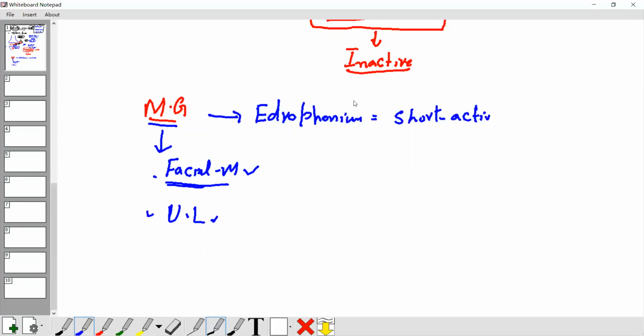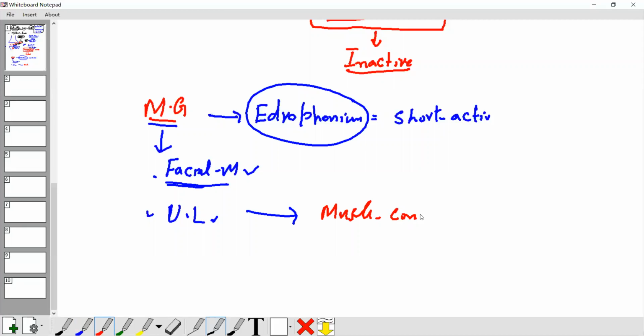Now, to diagnose this disease, if you are thinking about myasthenia gravis, you give edrophonium. Then what happens to the patient? The patient says, I am now feeling better. The muscle contraction improves. If the muscle contraction improves on giving edrophonium, it means the patient has myasthenia gravis disease.